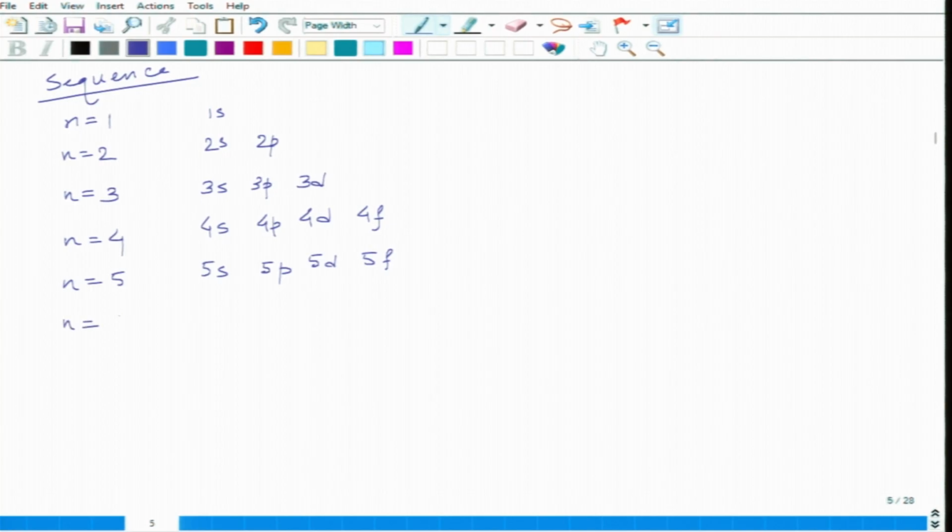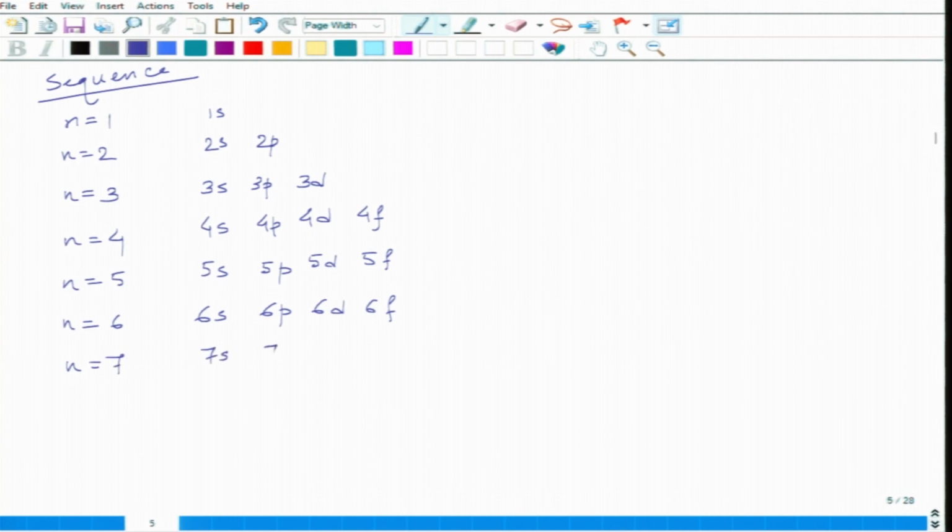Now, if we take n equal to 6, then we will have 6s, 6p, 6d, 6f. We will not consider the subshells beyond f. Now, n equal to 7.